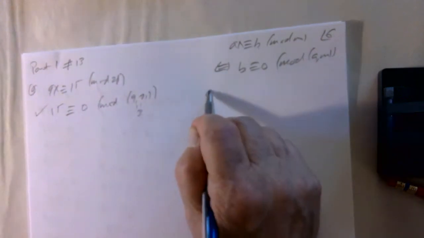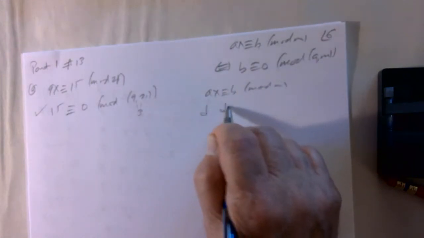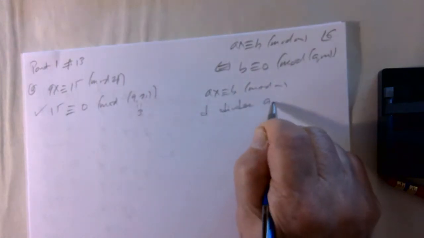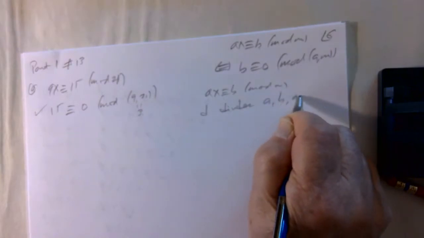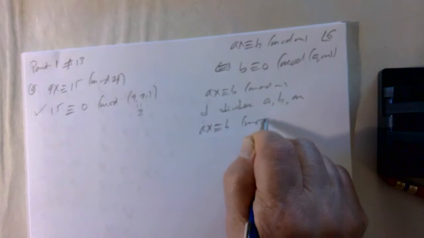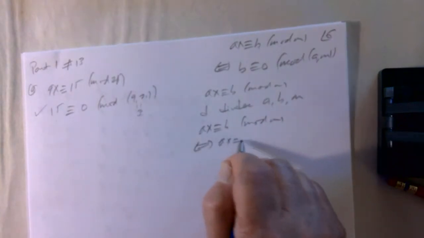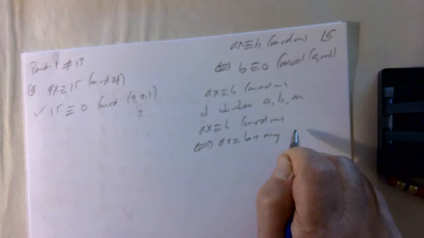If you have ax congruent to b mod m, and d is a number that divides a, b, and m, what does that mean? It means that ax is b plus my for some y.